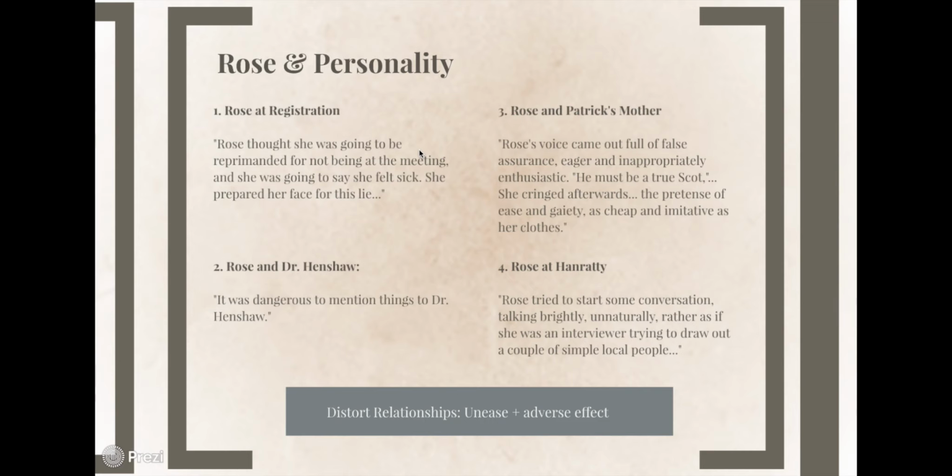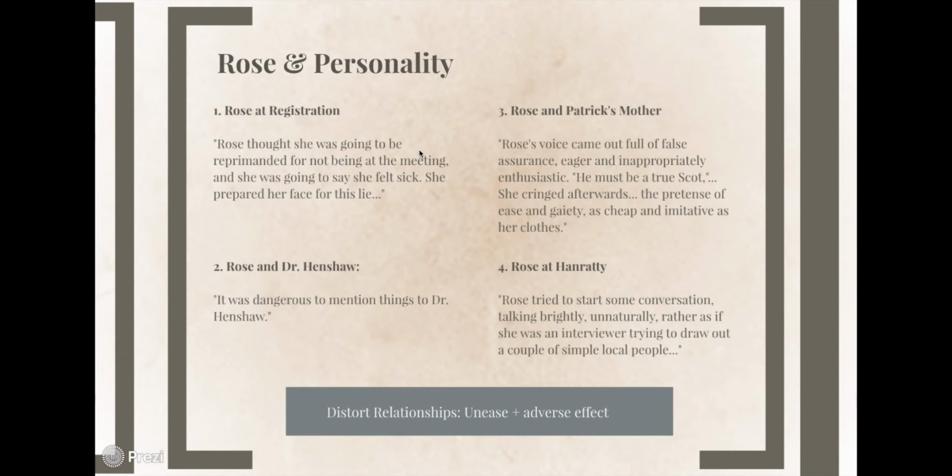When Rose stopped telling Dr. Henshaw what she truly wanted, Dr. Henshaw couldn't decipher her mind and pushed her on the path to become a scholar. And this was a further divide between them. And when Rose met Patrick's mother, she pretended to have a lively voice even though she was very scared and nervous.